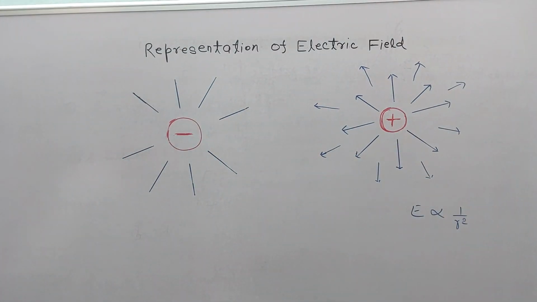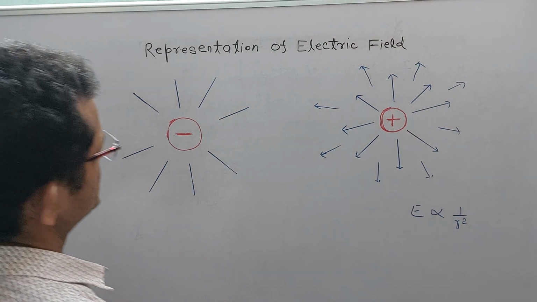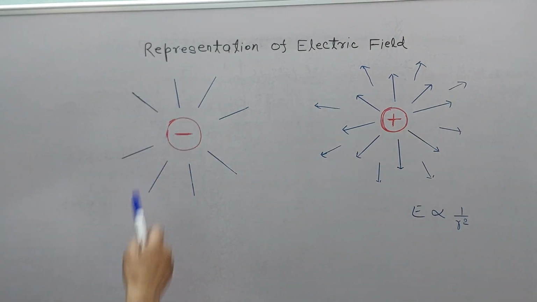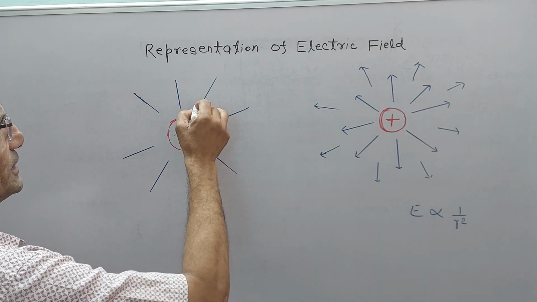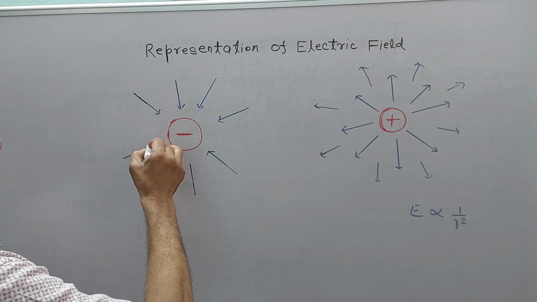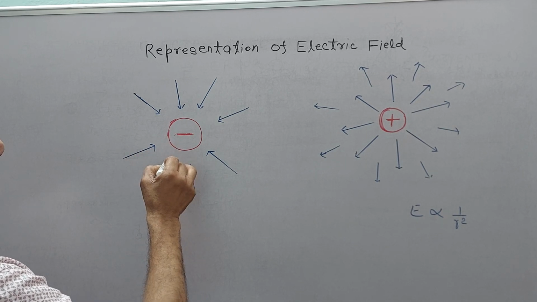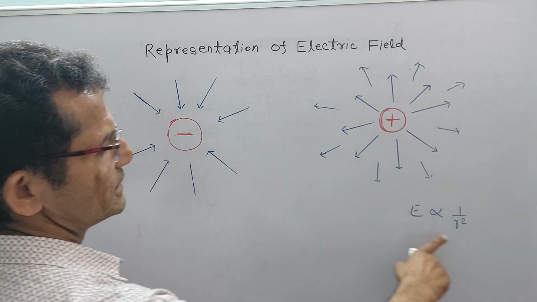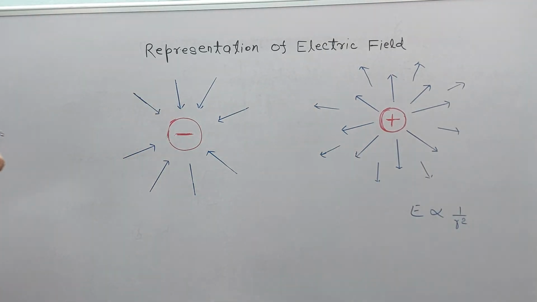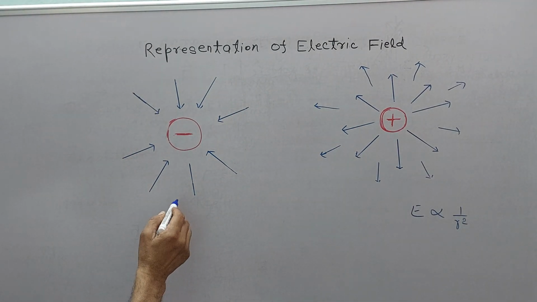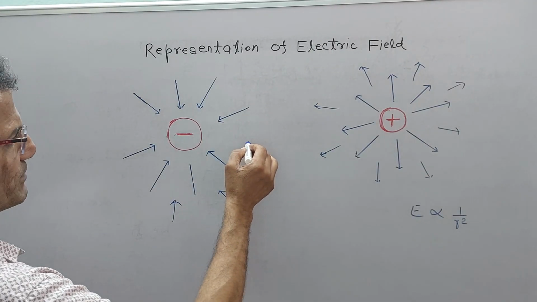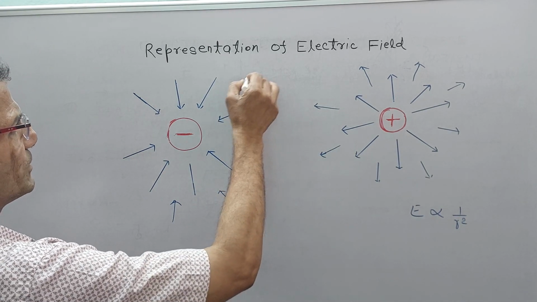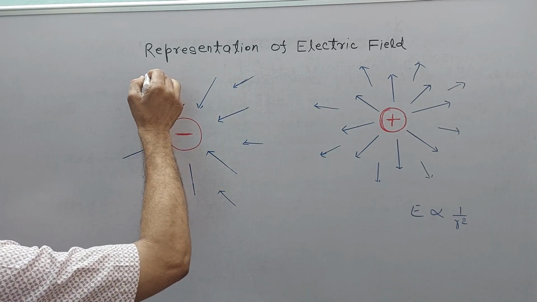Similarly, in the case of a negative charge, the electric field is toward the negative charge. So its direction will be this one, toward the negative charge. The same thing applies here for the magnitude. When we go away from the charge, the vectors' length will be smaller.